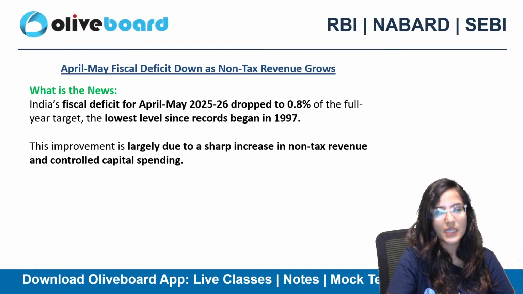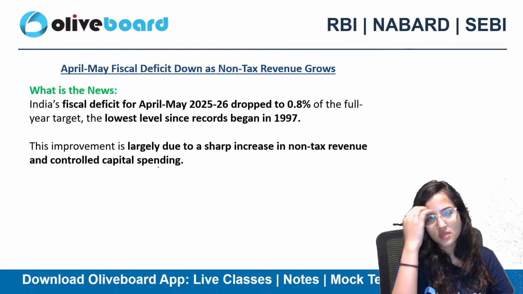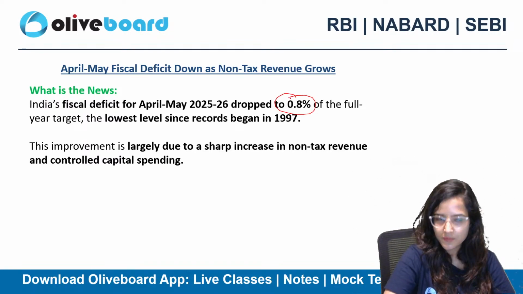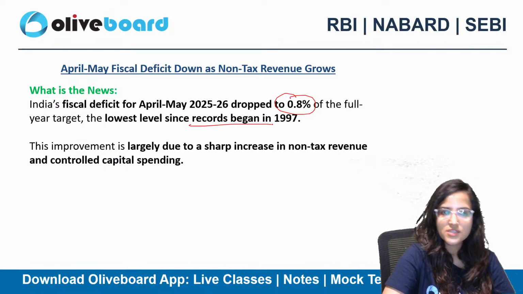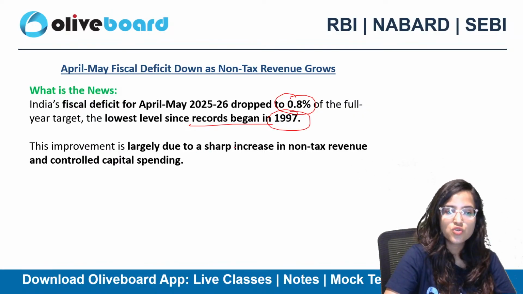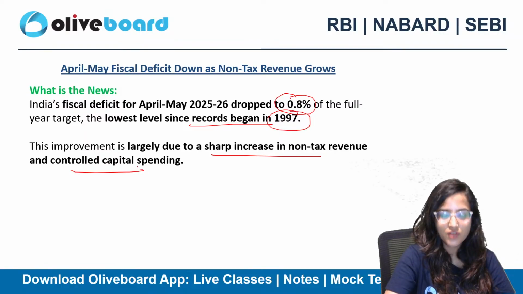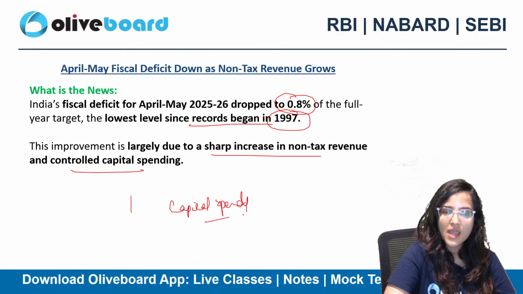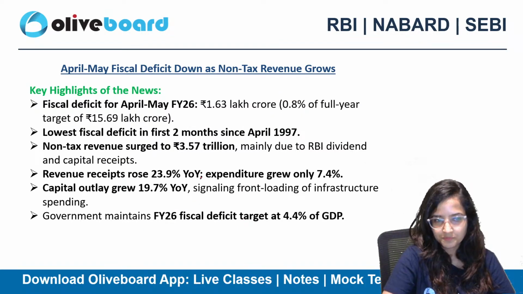Okay? So India's fiscal deficit for April to May 25-26 has dropped to 0.8%, lowest level since records began in 1997. And this improvement is due to a sharp increase in the non-tax revenue and controlled capital spending. So our capital spending is controlled, and along with that our non-tax revenue is also increasing.